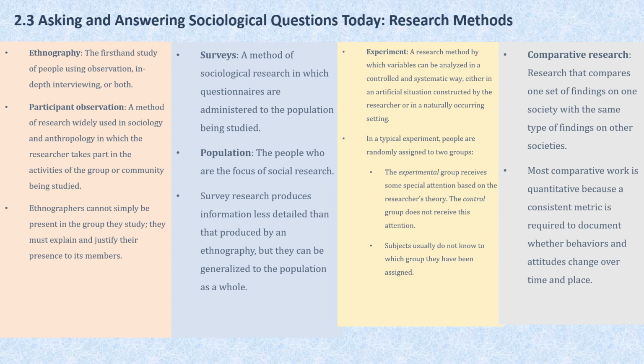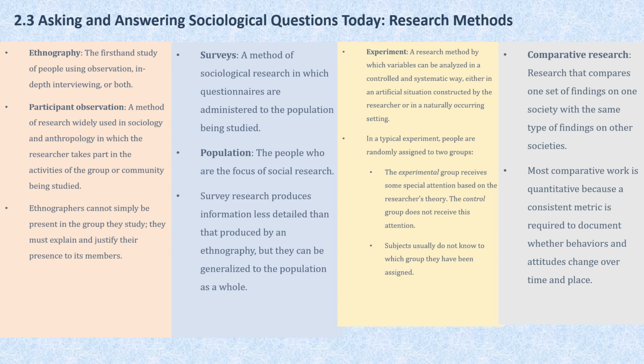Surveys are sociological research where questionnaires are administered to the population being studied, and it generally produces information less detailed than that produced by ethnographic research, but the information produced can be generalized to the population as a whole.